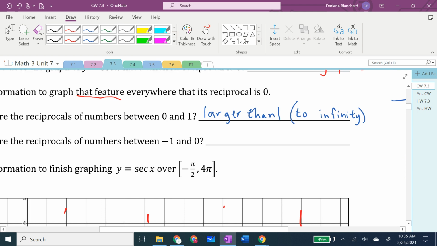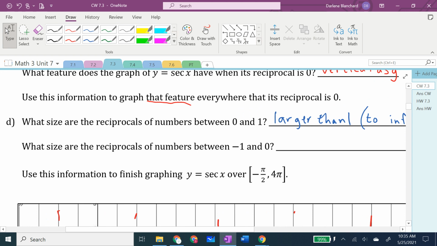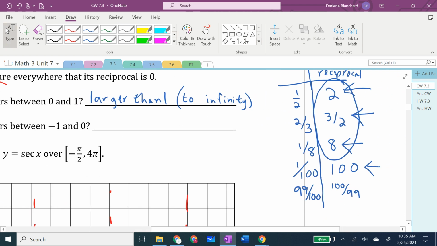Now, what if I just look at the reciprocals between -1 and 0? So basically same numbers, but negative. What are the reciprocals of these negative numbers?